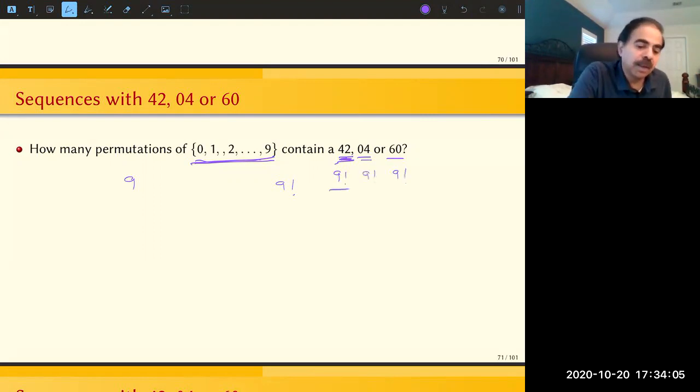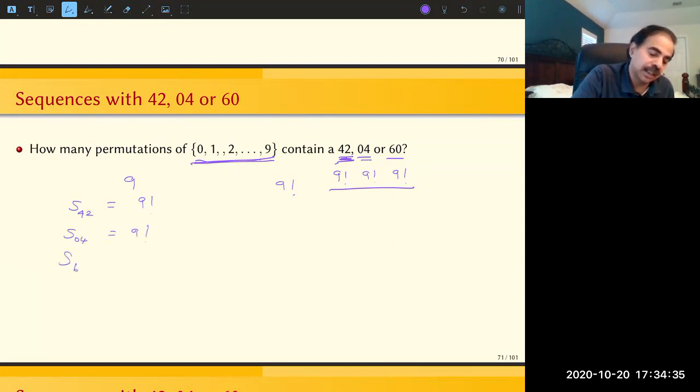But what I'm asking for is something that contains at least one of these. So if S1 here is permutations containing 42, let me just call it S42. S42 is 9 factorial, S04 is 9 factorial, and S60 is also 9 factorial.